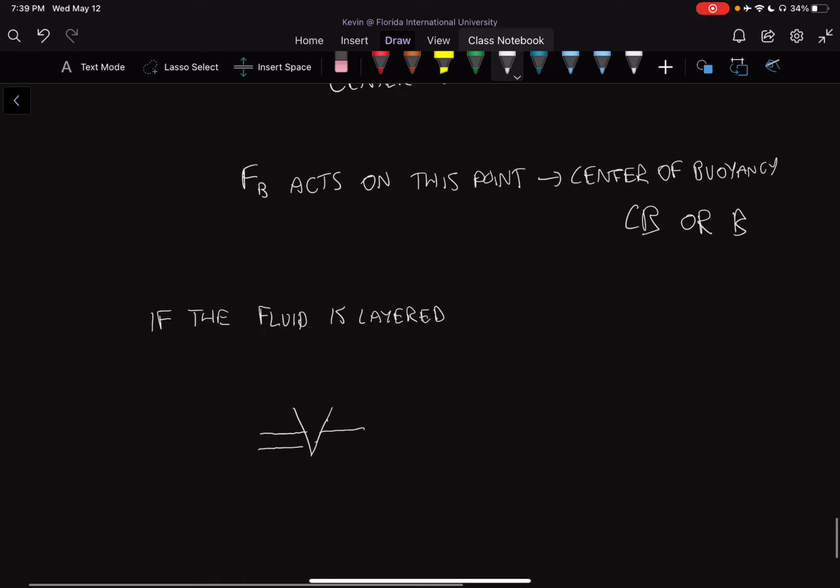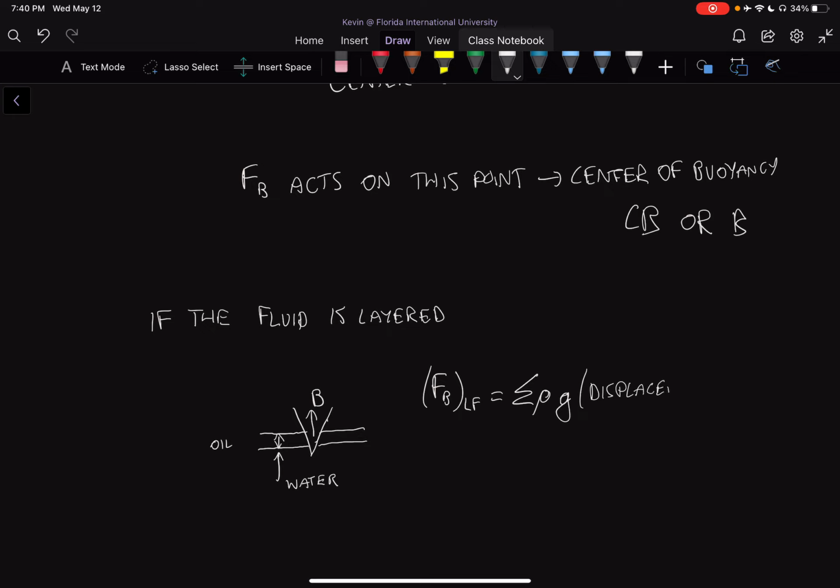You'd have to look at the buoyancy of the boat in terms of the oil and in terms of the water. So the force of buoyancy for a layered fluid is equal to the sum of rho times g times displaced volume. You treat them as different systems and look at the displaced volume and the density of each system separately.